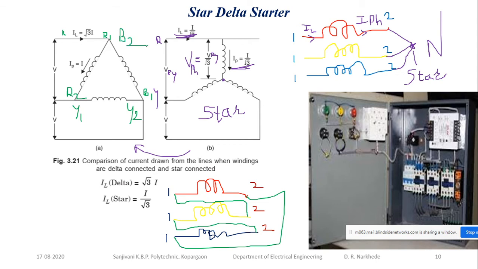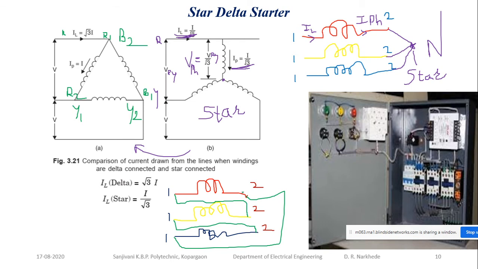So if you observe in the delta connection, we connect the starting terminal of the first winding to the finishing terminal of the second winding, the starting terminal of the second winding to the finishing terminal of the third winding, and the starting terminal of the third winding is connected to the finishing terminal of the first winding. So this is called the delta connection.